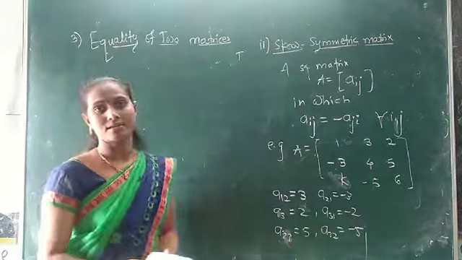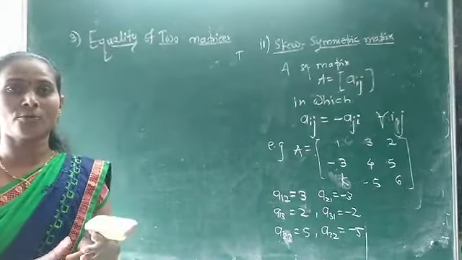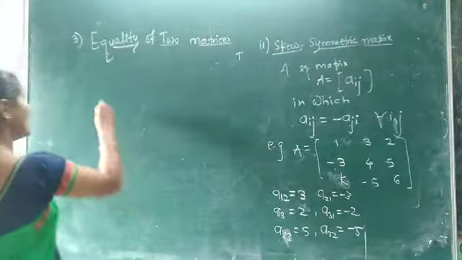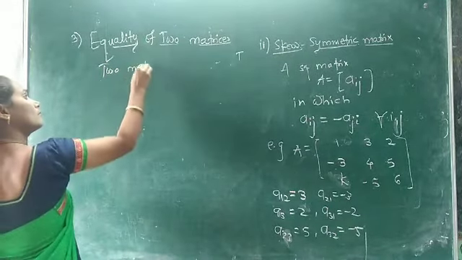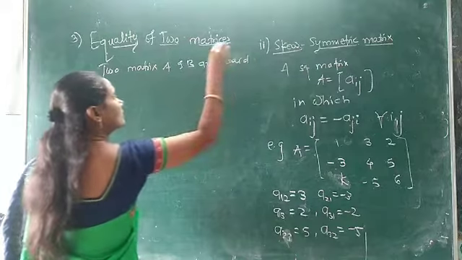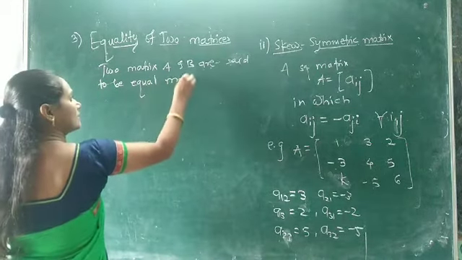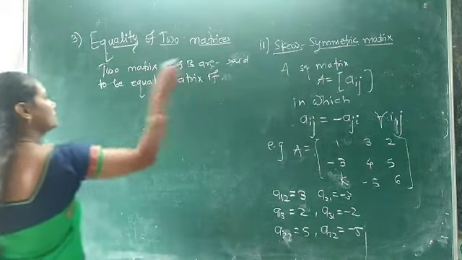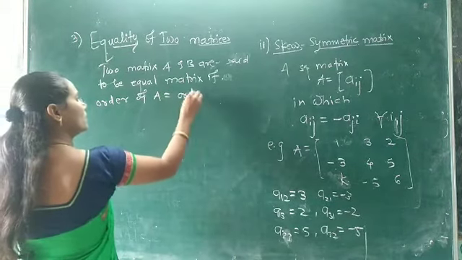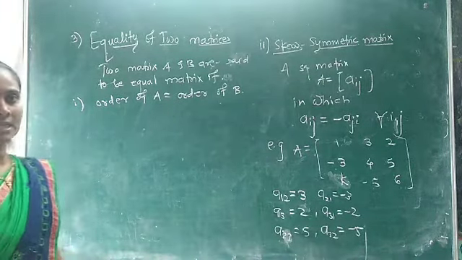Two matrices A and B are said to be equal matrices if, first condition, the order of A is equal to the order of B, meaning in equal matrices the order of both matrices is the same.